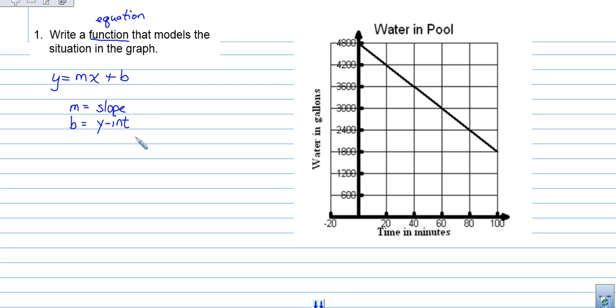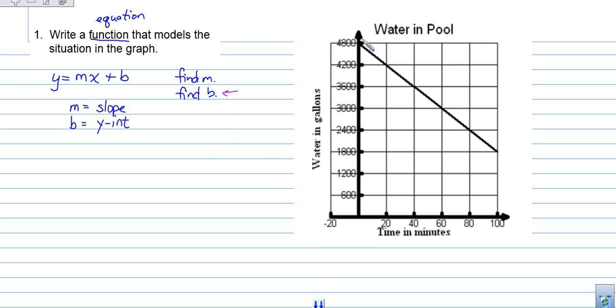So this whole unit, this whole objective, you're going to have to find m and find b. If you can do that, then you can find the equation of the line. Really simple. So, step one, when you're given a graph, the easiest thing to see is the y-intercept, the b. So we're going to find b first.